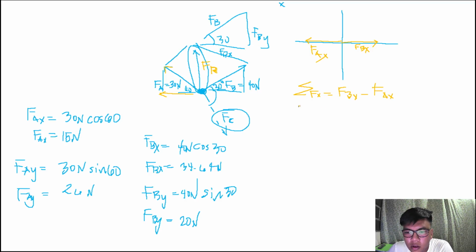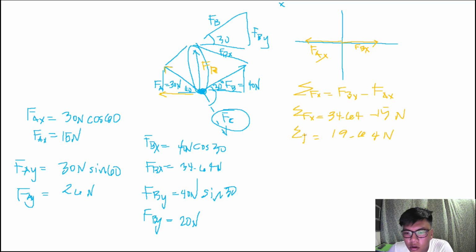Okay, so we have now summation of F of X is equal now to, what is the FBX, 34.64 minus 15 newton. So that will be equal now to 19.64 newtons.